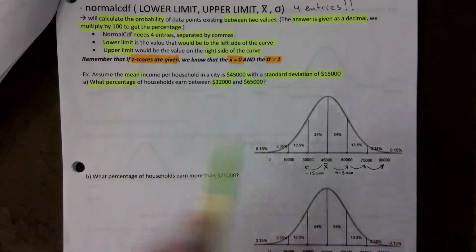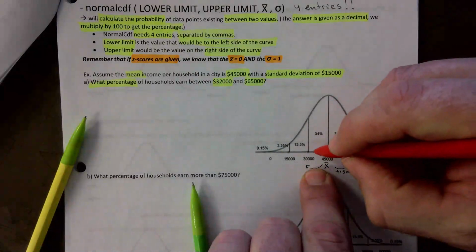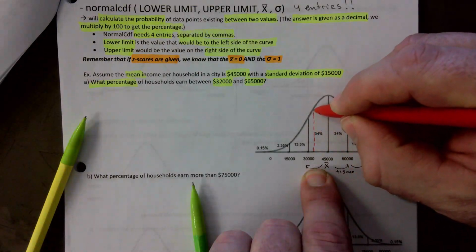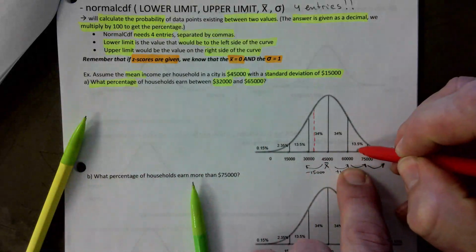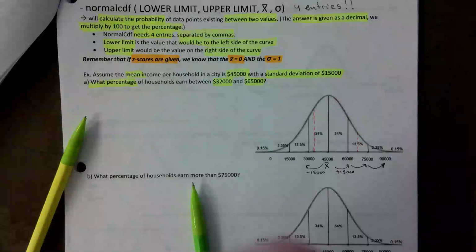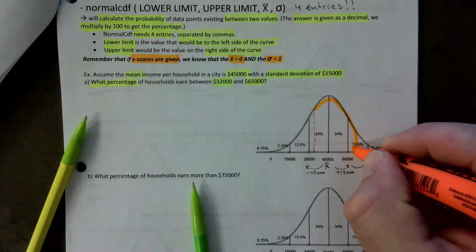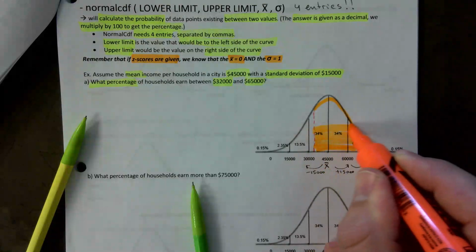We want to know, let's use a red pen here. 32,000 is somewhere between here, and 65,000 is somewhere in here. So my goal, your goal, is to find out what percentage under this curve is found in here.